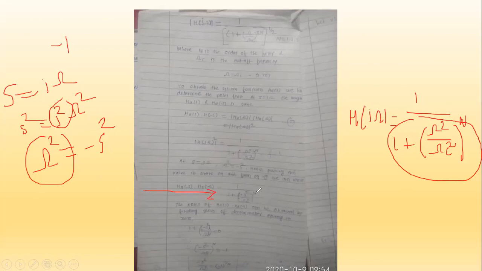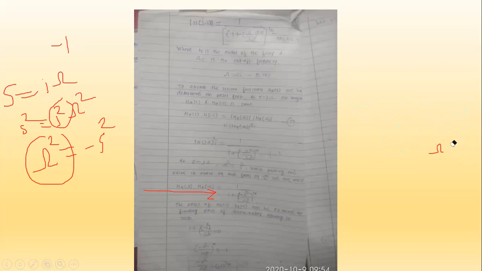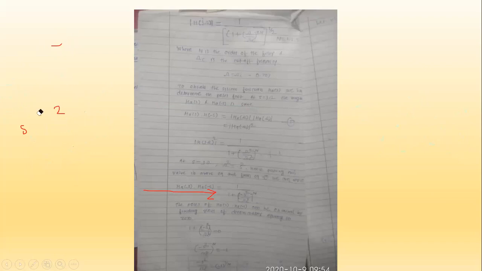So when we substitute the value of lambda square, the equation becomes h of s, h of minus s.